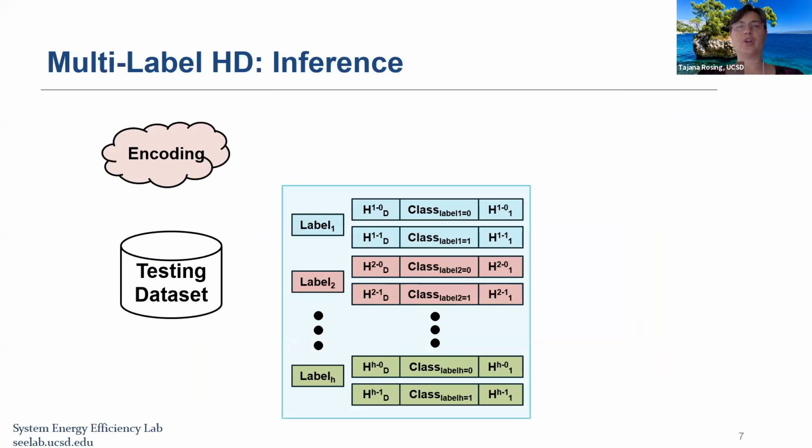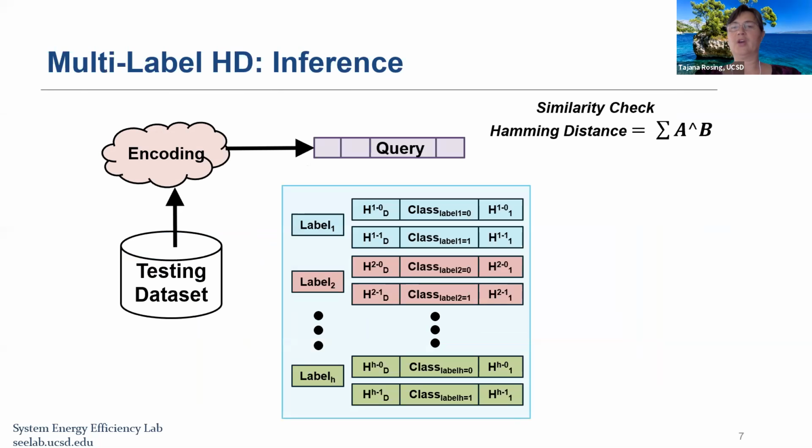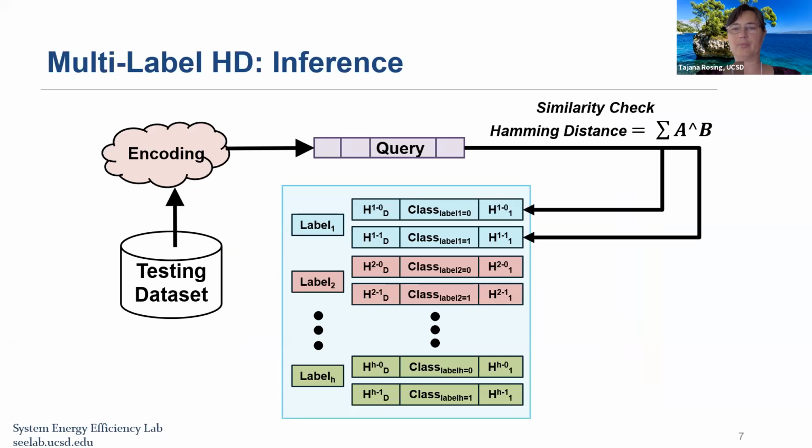So how does this work during inference? We would go through the process of encoding the data, producing the query. We would then do a similarity check. Because all of this is done in binary, Hamming distance is more than sufficient. So now I would compare the query to every single hypervector that I have stored for all of the possible labels, and I would look at which one matches best. So in this first case, I found that label equals 0 is more similar.